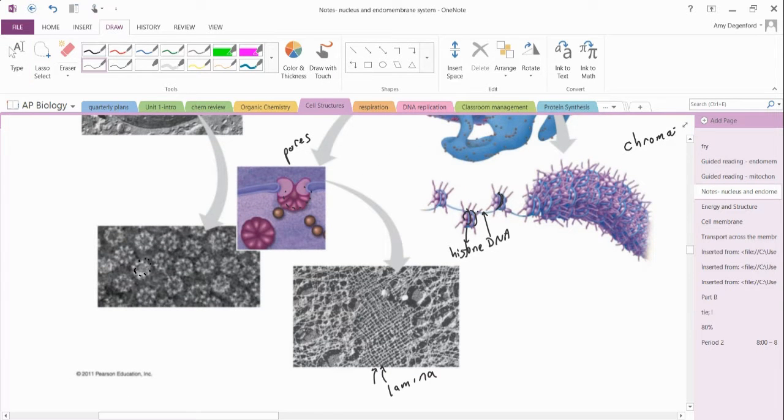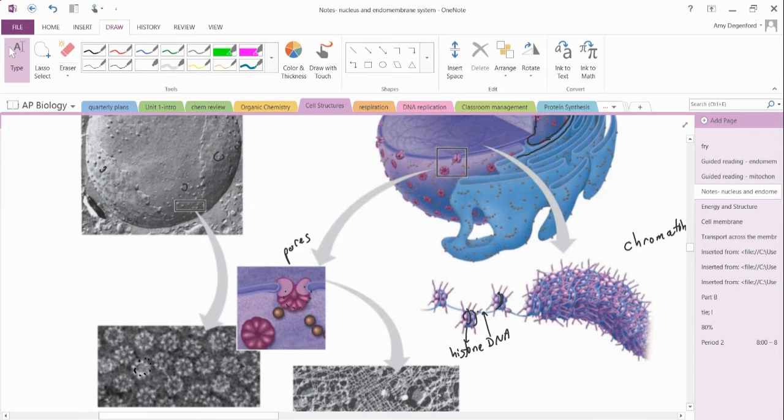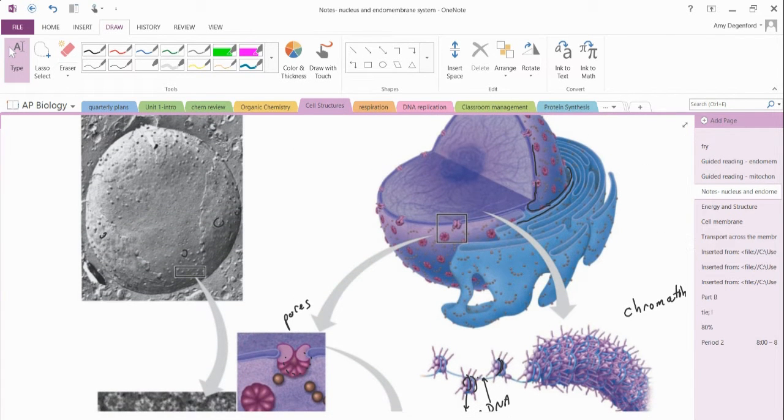What they're showing here is the lamina. This is a network of proteins that creates a supportive network underneath the nuclear envelope, and it just creates a structure to it.